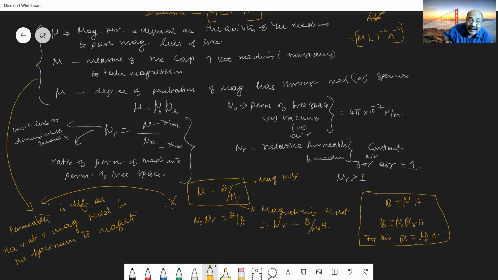So this magnetic field in the specimen is considered to be B. Magnetizing field is considered to be H. So if we take the ratio, we are able to get the value of permeability.